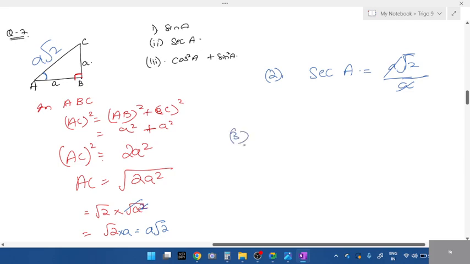Third question. Yeah, tell me the third one, Shasha. What is cos square A? Okay, next.